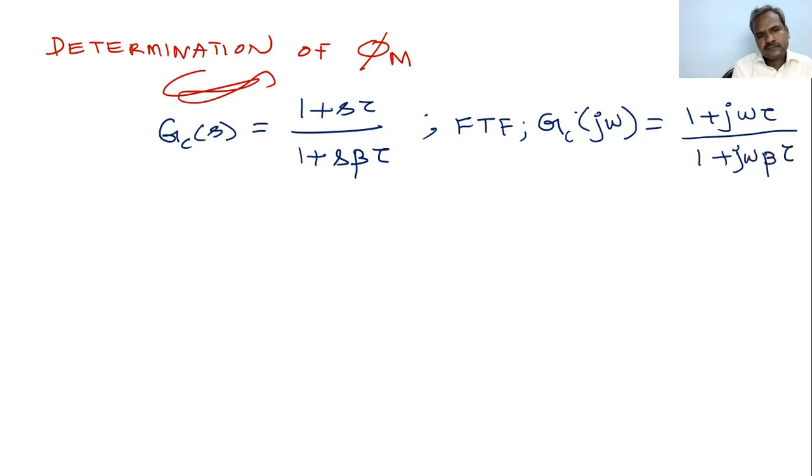Let us find the magnitude of G of j omega.